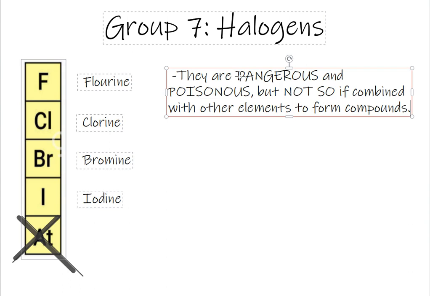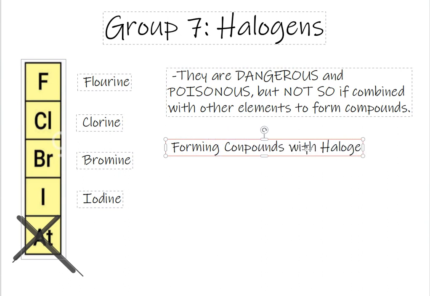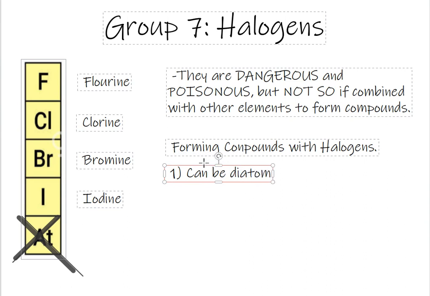So let's dive into the second point. The first is the elements, and the second is compounds. Forming compounds with halogens. So how can you form compounds with halogens? Firstly, they can be diatomic. I think you know what diatomic means.